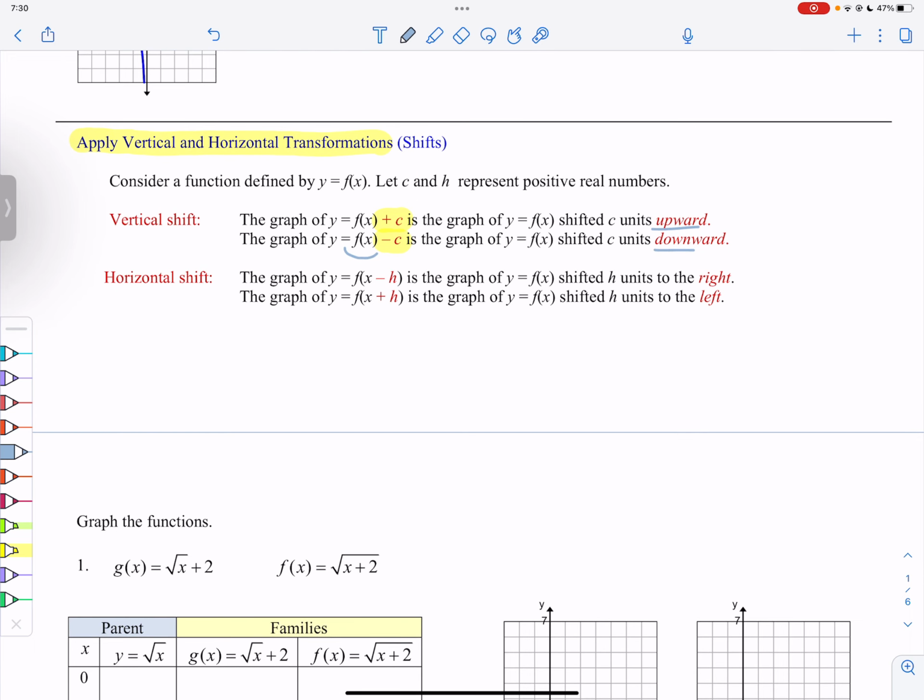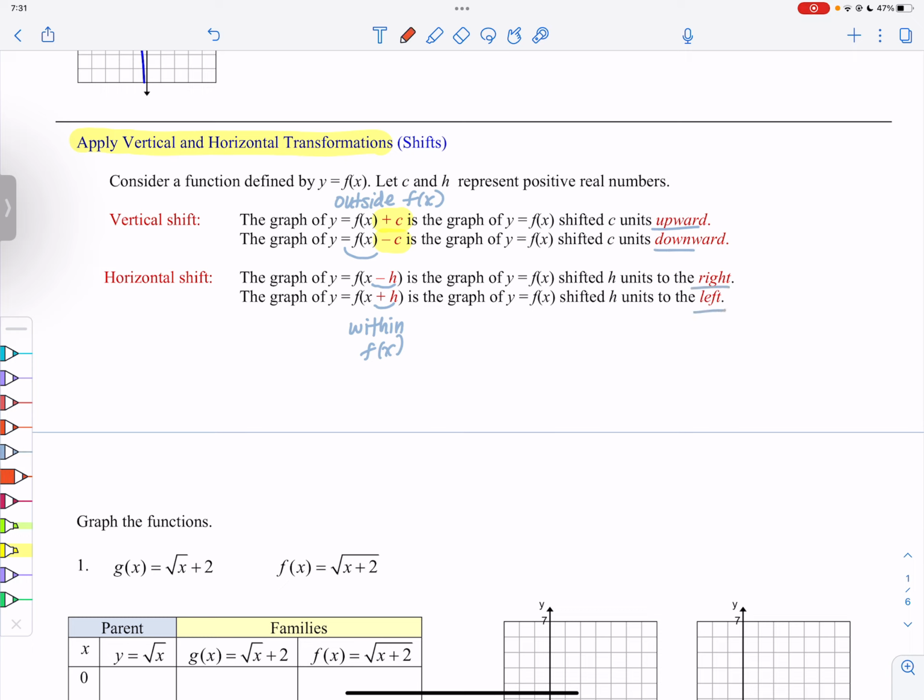But if you notice now here, we are adding and subtracting a constant within f of x. Here we were adding and subtracting outside of f of x. And now this will give us a shift to the right and to the left.